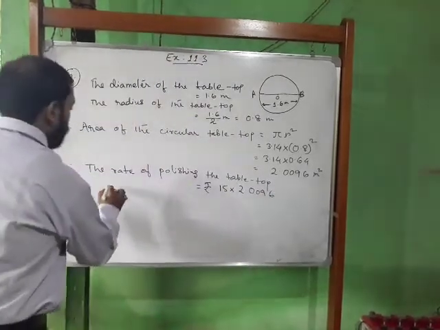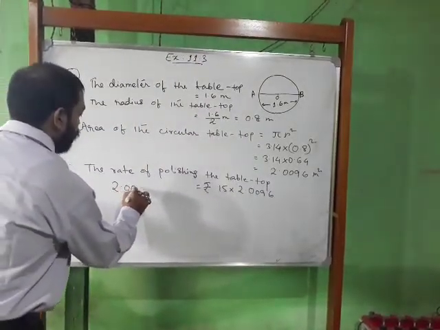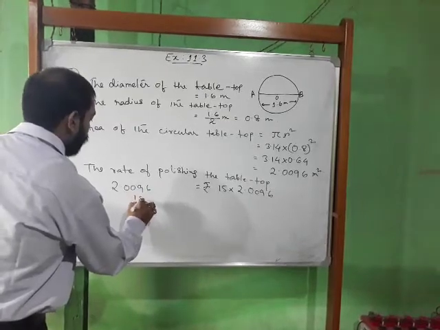So let us again do the multiplication, 2.0096 into 15.